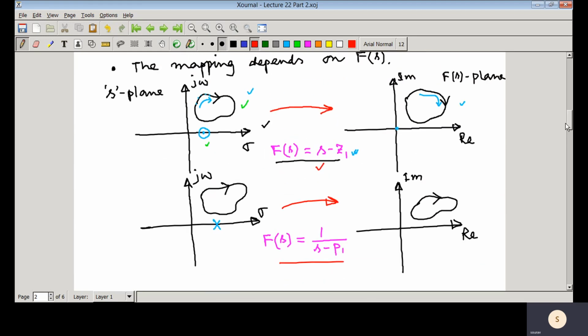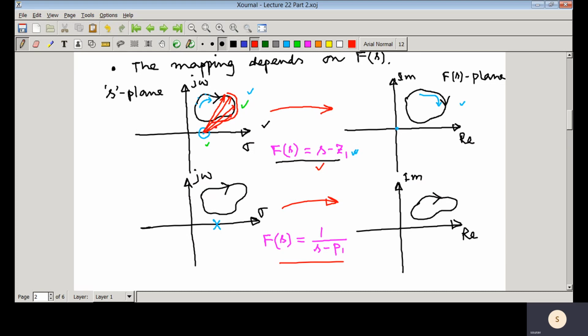In the other case, whenever the 0 is outside the contour, suppose you have started from here. If you draw a vector and start traversing this loop, you can see the vector is going like this, like that, like this.